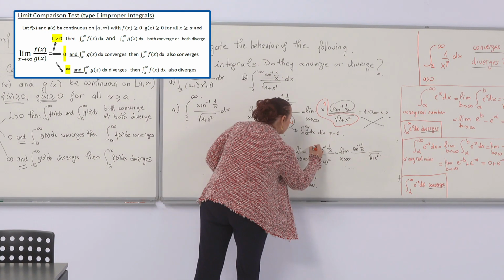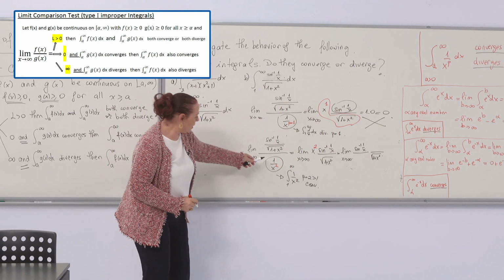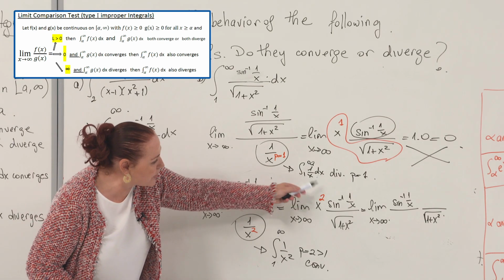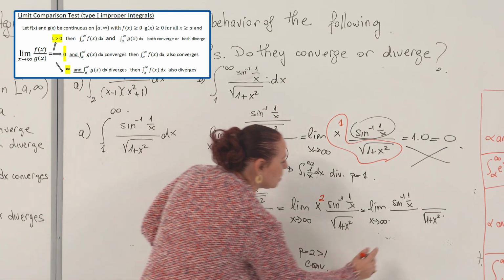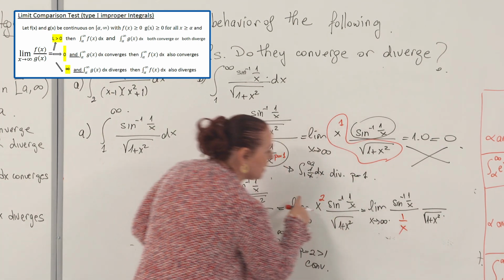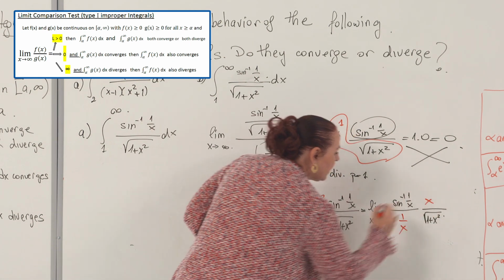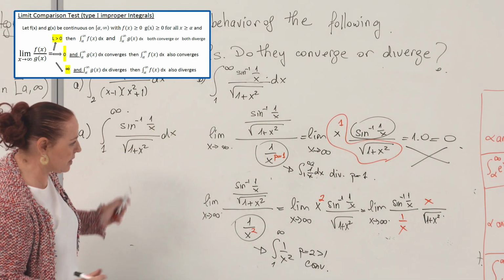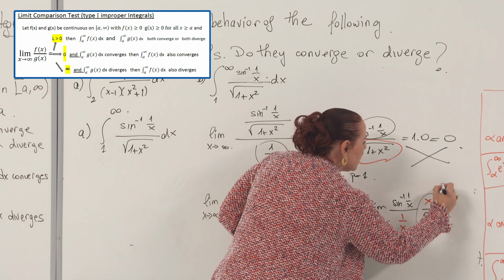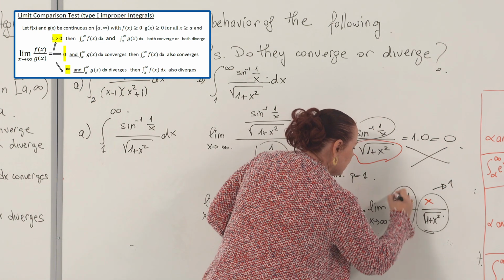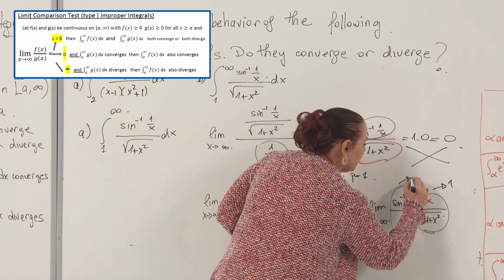Now let's see what this limit is. 1 over x squared, this becomes x squared. Then I split x squared as 1 over x and x. It's still x squared. Why do I do this split? Because this limit is 1, this limit is also 1.